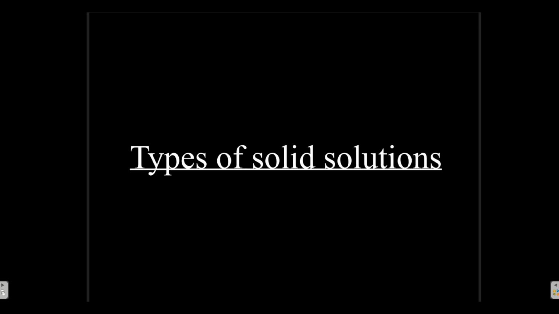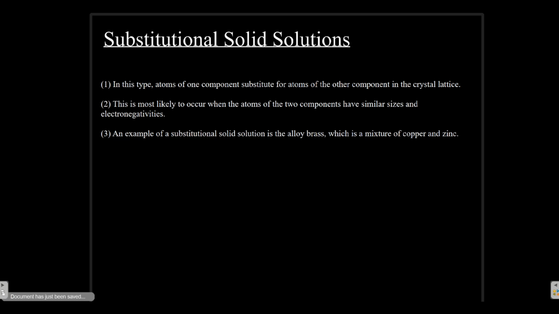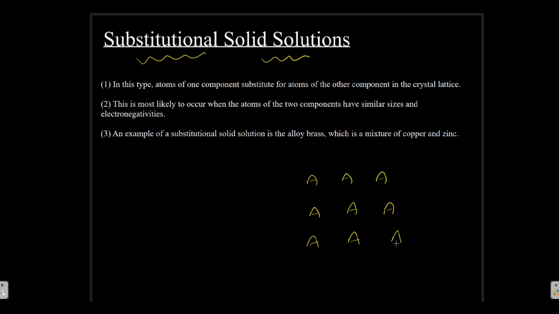Types of solid solutions. First of all, let's understand substitutional solid solutions. Substitutional, we already know the meaning of this, substituting, right? Look at here. Suppose there is a crystal lattice A, A, A, A, A, A, and A. This is the crystal lattice. Another B is over there. Now this is the impurity or the solute.